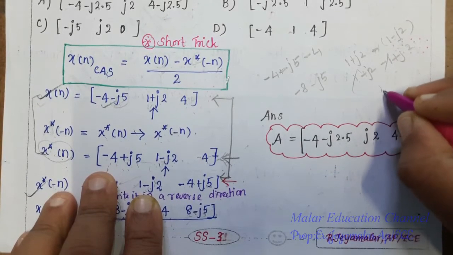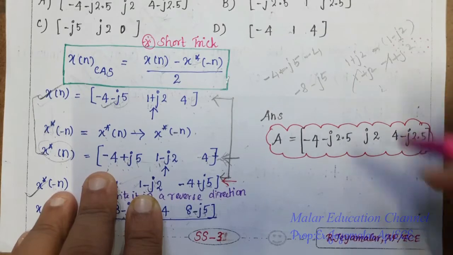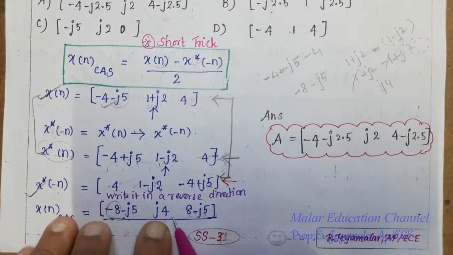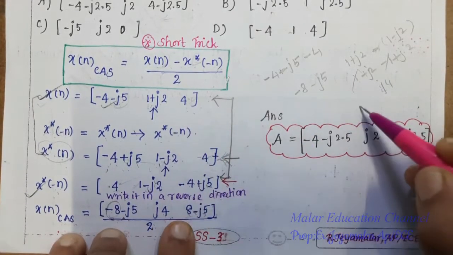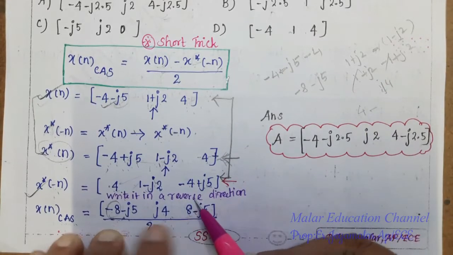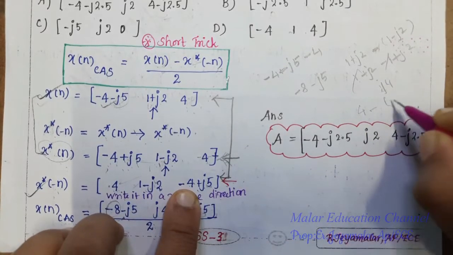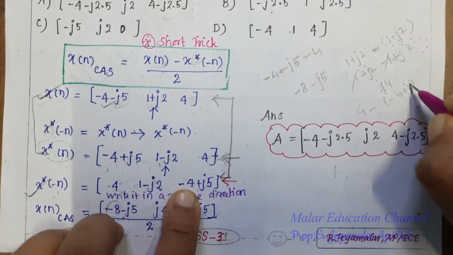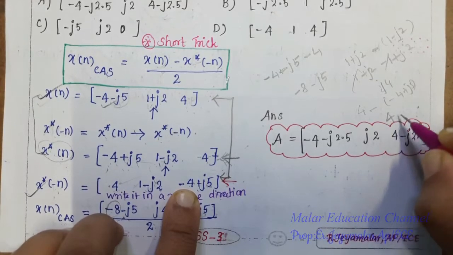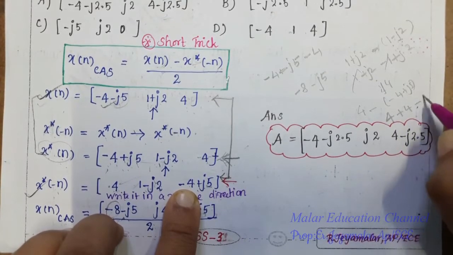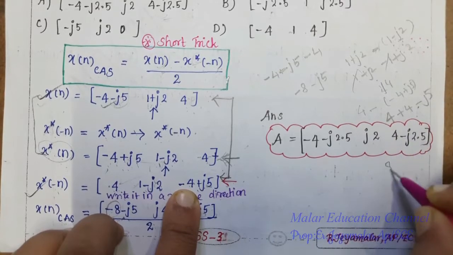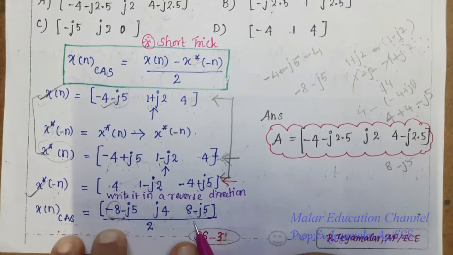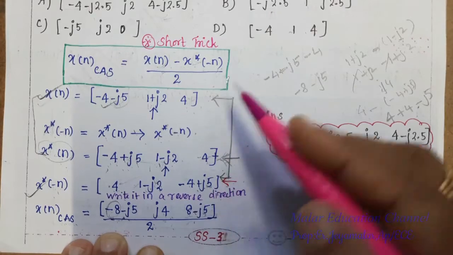The answer is j4. Similarly for the last one, 4 minus bracket minus 4 plus j5, so 4 plus 4 is 8, giving 8 minus j5.